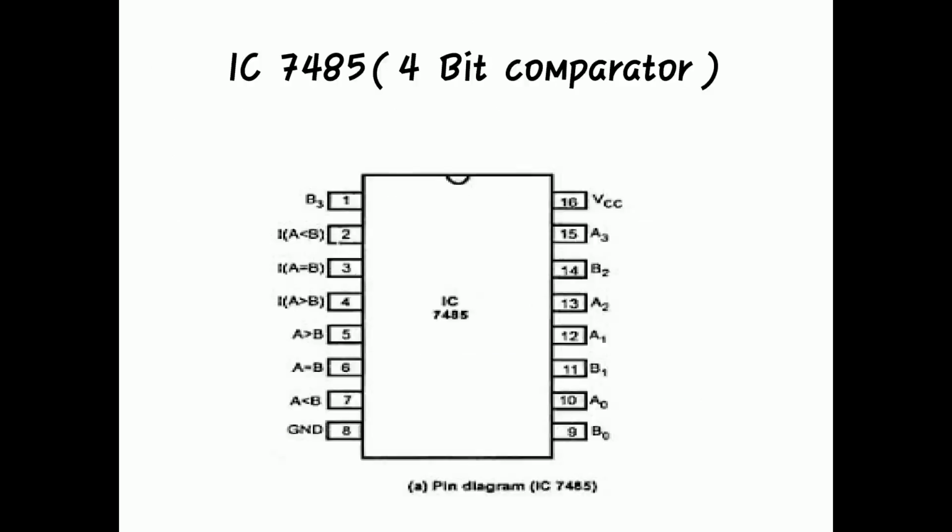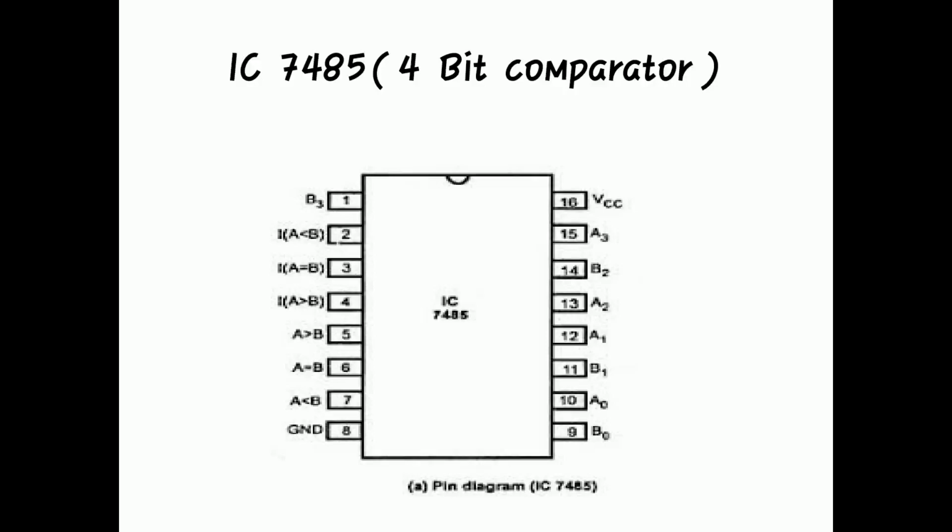Coming to the last one, this is the IC 7485, which is used for 4-bit comparator. The IC number is 7485. As you can see, it is a 16-pin IC. So these are pin numbers 1, 2, 3, 4, 5, 6, 7, 8 up till 16. As we know, for 4-bit we have A0, A1, A2, A3. So we'll search here where is A0. A0 is pin number 10.